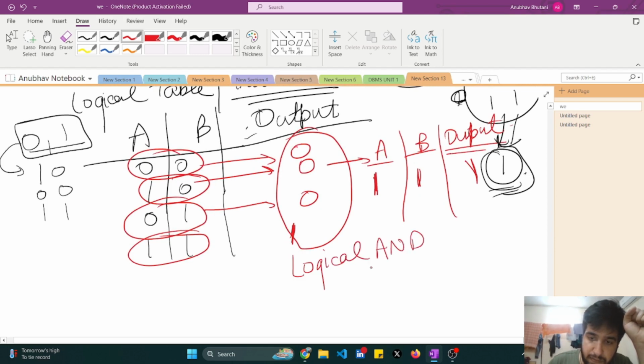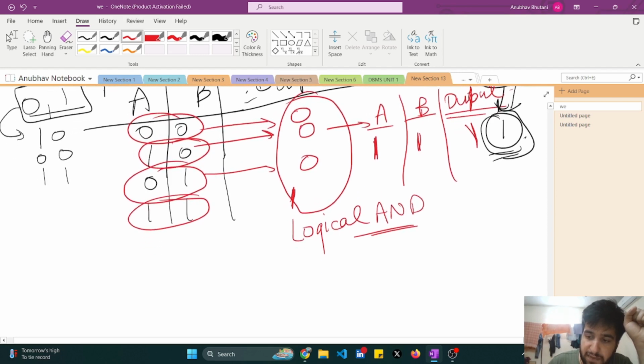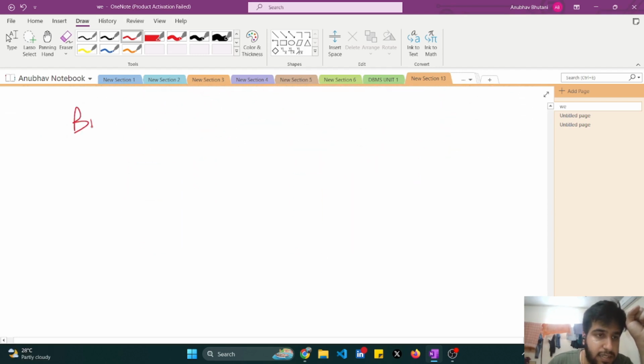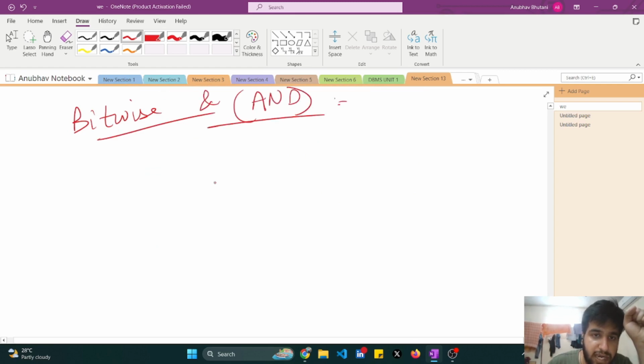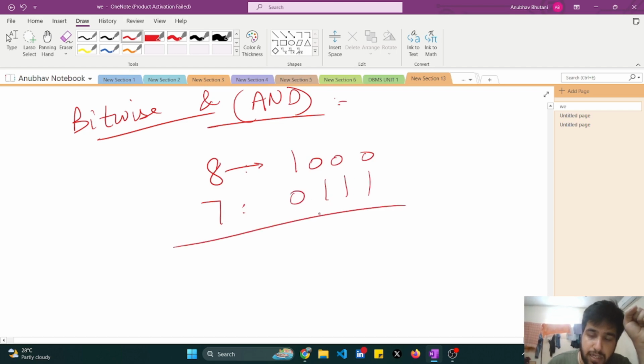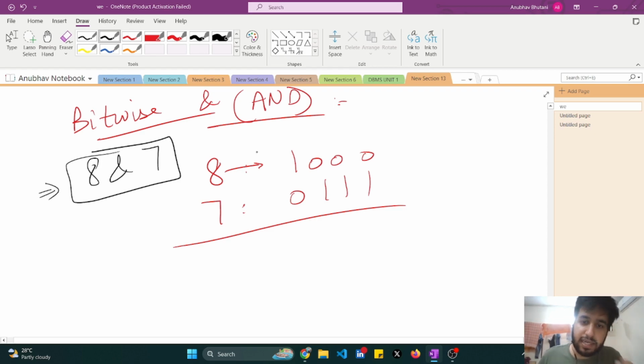What we do in bitwise AND is denoted by this bitwise AND. Suppose you have two numbers, 8 and 7. 8 is represented as 1000 and 7 is represented as 0111. If someone says you have to do bitwise AND of 8 and 7, it will be done bit by bit.